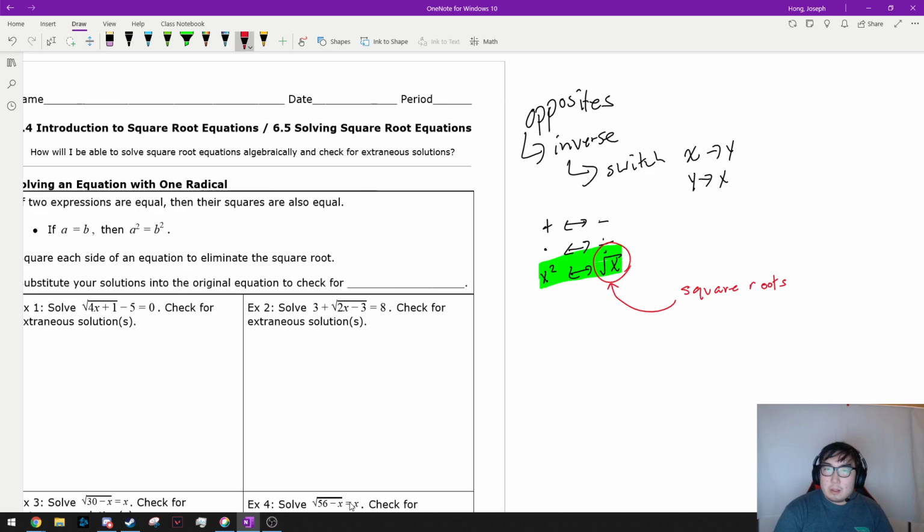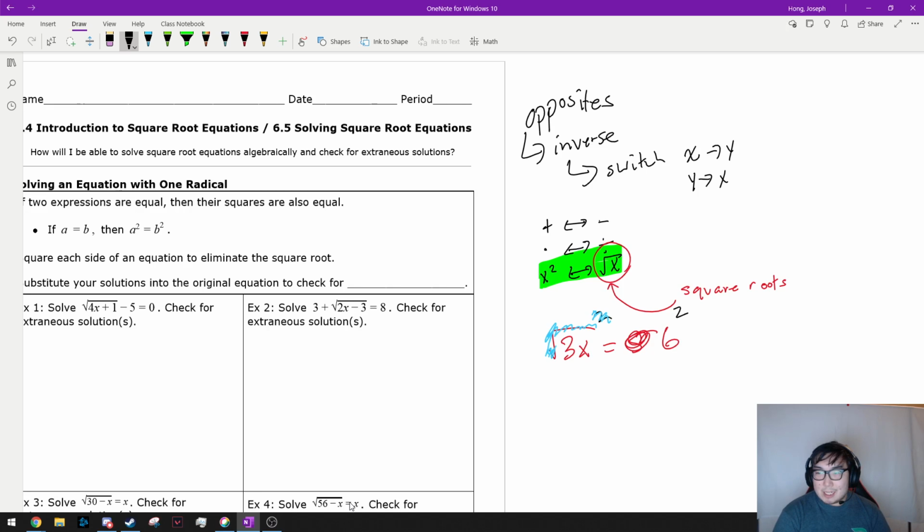So this is square root. Let me give you an example: the square root of 3x is equal to 6. The way that we can do this is we can get rid of the square root by squaring both sides. The reason we do that is to get rid of the square root on one side of the equal sign.